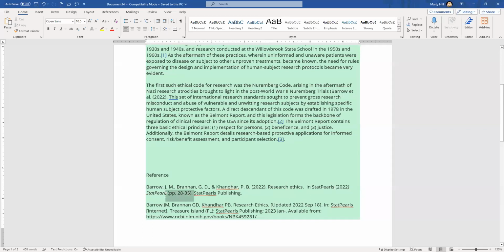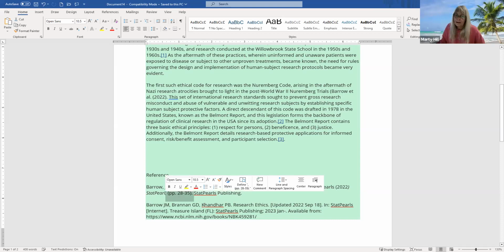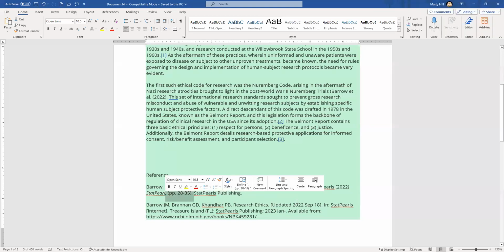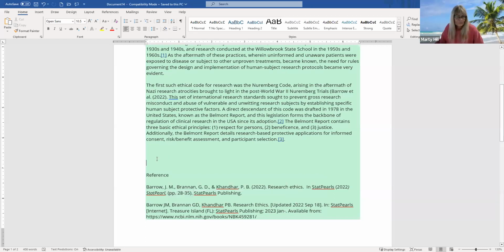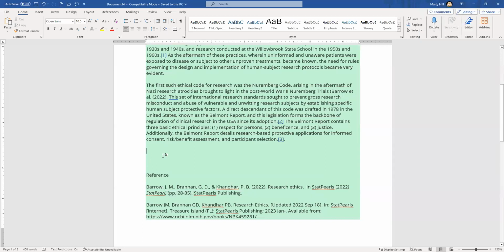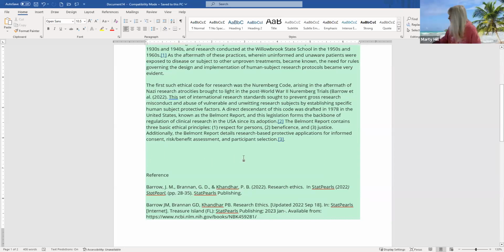Asmi, the only time you put page numbers is whenever you're referencing a chapter from an edited book. For example, your textbook, and I'm sure I responded in my feedback to most everybody, I'm going to use the Nordhaus book as an example.